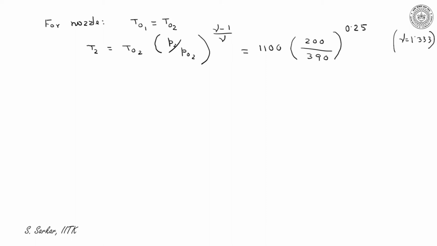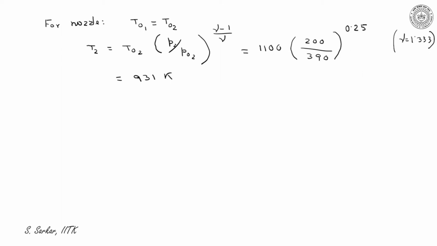If considering gamma equal to 1.333, the value of gamma minus 1 by gamma would be equal to 0.25. Now if you calculate this, T2 would come as 931 Kelvin. So I have got the value of T2, that is exit temperature of the nozzle.